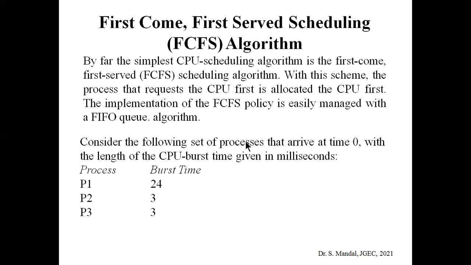That means the process which comes into the ready queue initially will get the CPU first. It is quite similar to the FIFO queue, that means first in first out. So the implementation of the FCFS policy is easily managed with the FIFO queue algorithm.